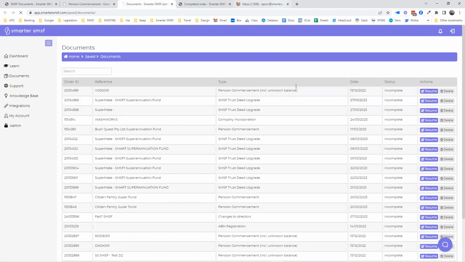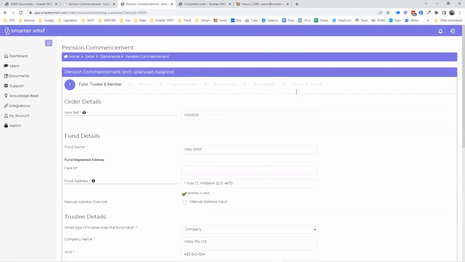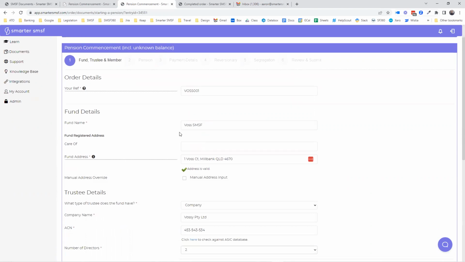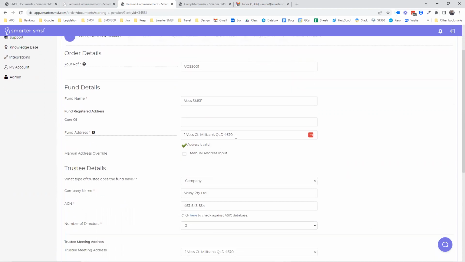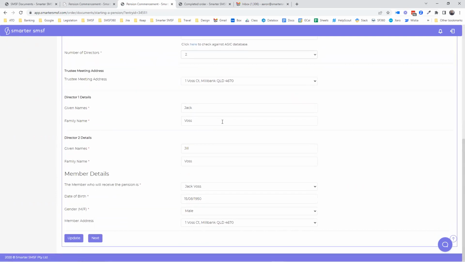And what we can see with this process is naturally we can use our integrations with BGL, with Class, and now SuperMate to be able to pull the core information about this income stream into the fund. So even if we don't know the balance, we can still use the integration here to populate information about the fund address, the trustee details, who the directors are, and that sort of stuff.